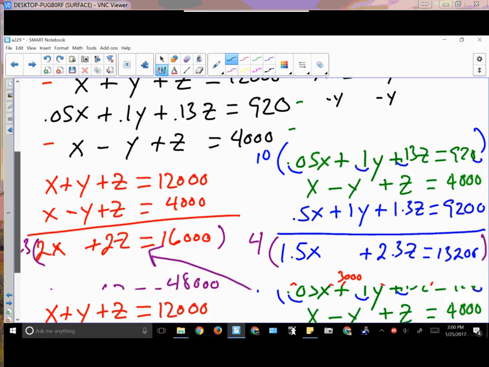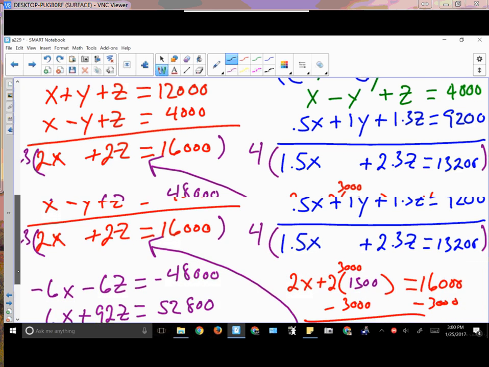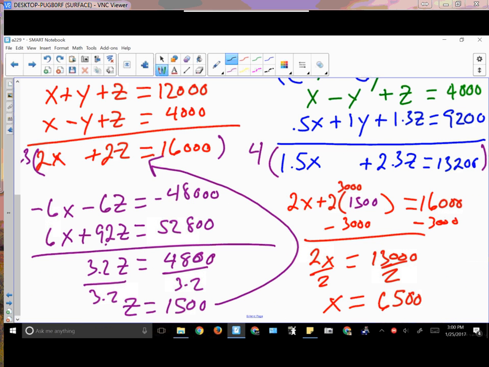Kind of like Santa Claus, you gotta check his work. No, I didn't take 1,500 base. Well, no, because it was a 2 in front of that z, so I had to go 2 times 1,500. Yeah, that's where that one's at.